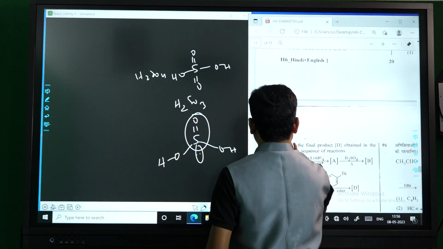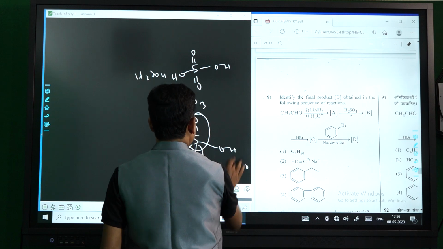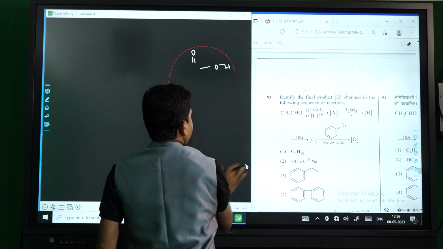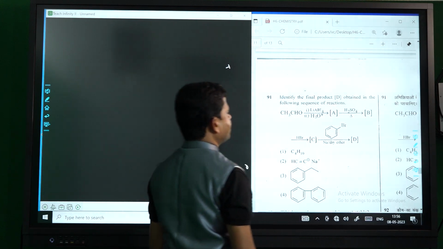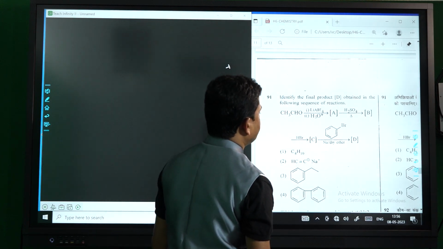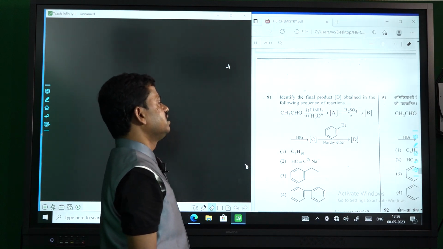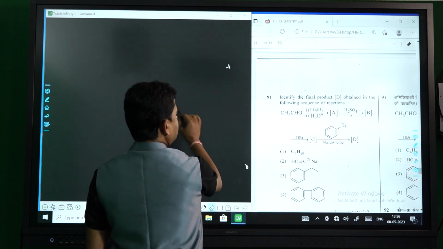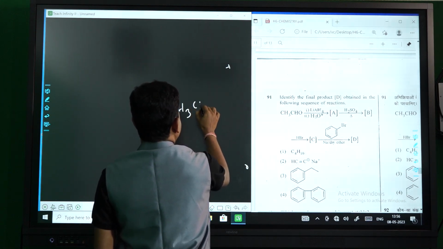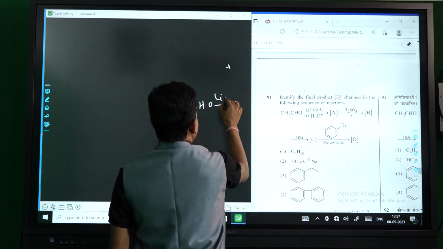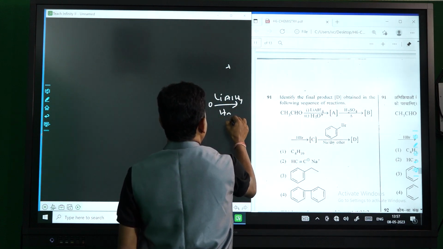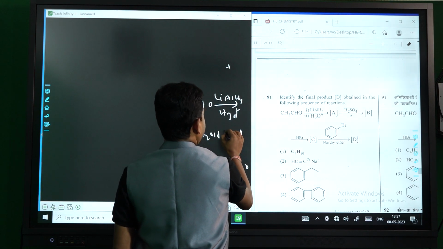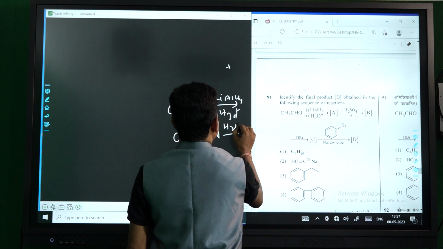So come to question number 91. In your organic reaction, acetaldehyde is given and the reagent is lithium aluminum hydride, a reducing agent, followed by hydrolysis. You will get ethyl alcohol, which reacts with H2SO4.